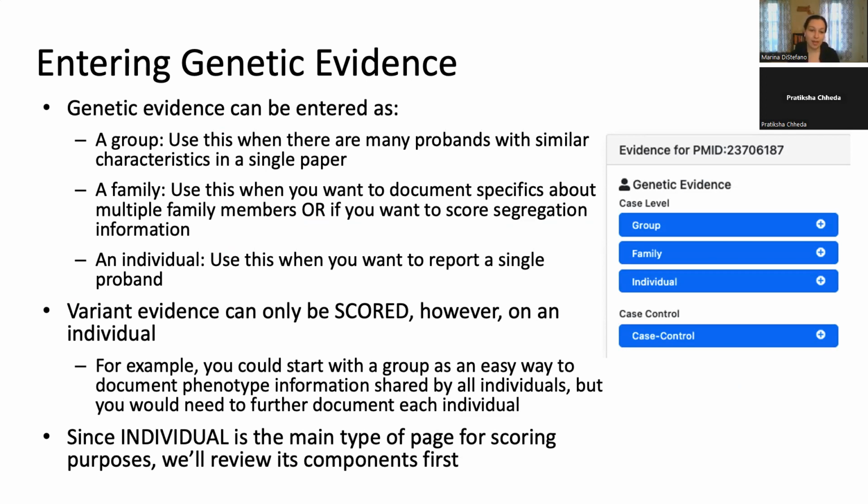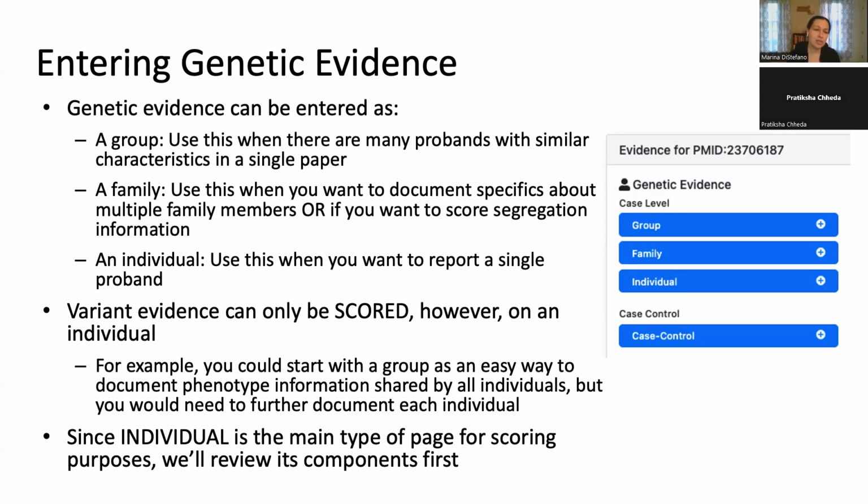So the origin or the ethnicity of the group, if it's simple enough to enter, you could add that. Their type of testing, which is potentially more useful, and that can be copied for every single individual with a little copy button. Phenotypic features, you can list all the HPO terms for the group and then copy them over to each individual, which will really save you time in data entry.